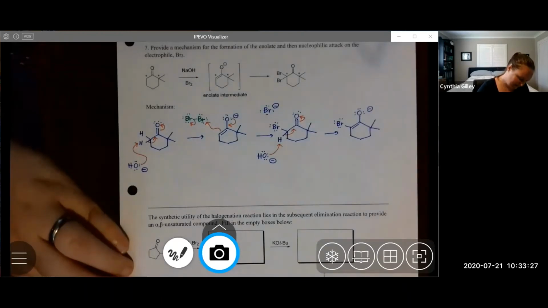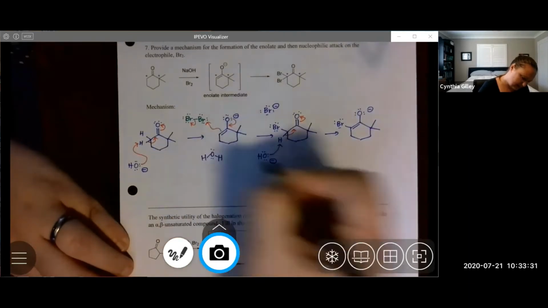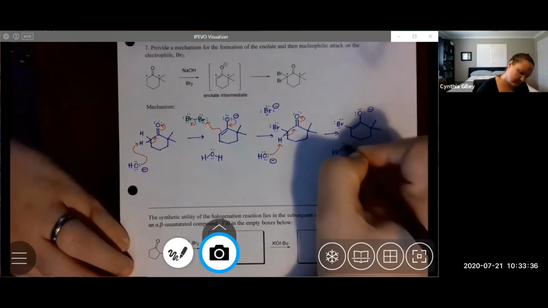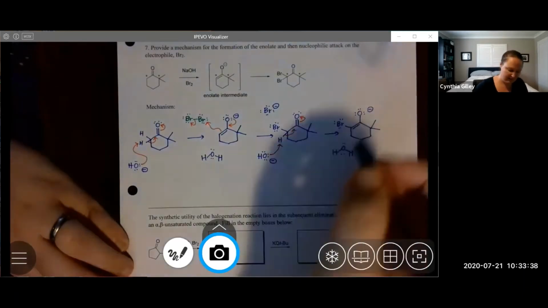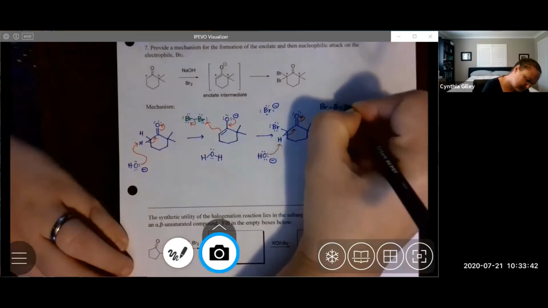So by the way, each time we are forming water right through acid-base reaction. Okay, and then we can have this process happen again where it attacks another bromine.